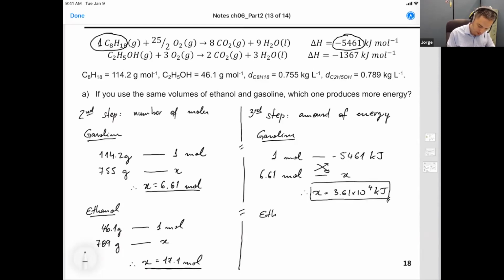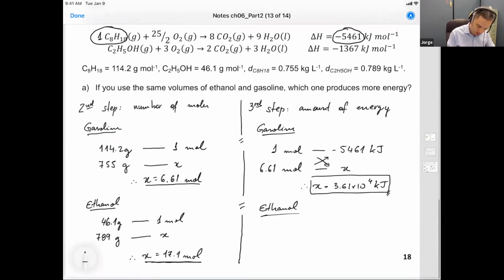And let's do the same thing for ethanol. Now, 1 mole of ethanol, look at here, produces 1,367 kilojoules. In 1 liter of ethanol, there is 17.1 mole, and we need to know the amount of energy produced.